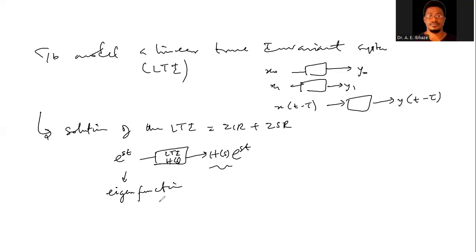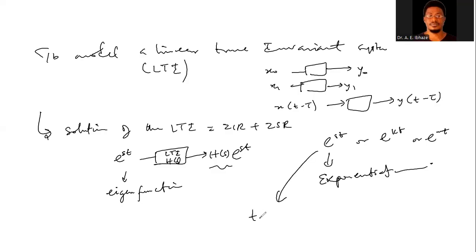So intuitively, one could infer that the exponential function, either we say e^(st) or e^(kt) or e^(mt) or whatsoever we may choose to put it as, but the most important thing is that it's an exponential function, is usually used as a test or guess signal.